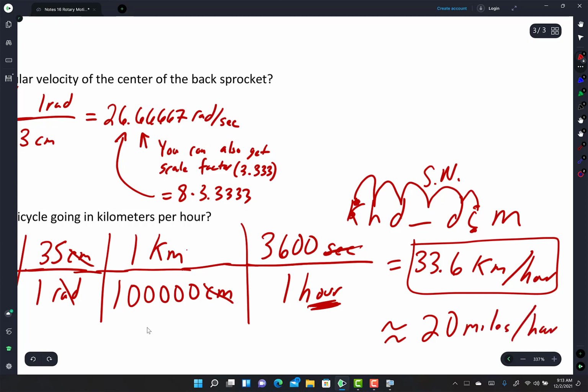Now, I will warn you guys, last year, I do enjoy a comedy. Do you guys enjoy comedy? So last year when I was grading, it was a bike question, and someone told me that the speed of this bike was something like 3 billion miles per second.